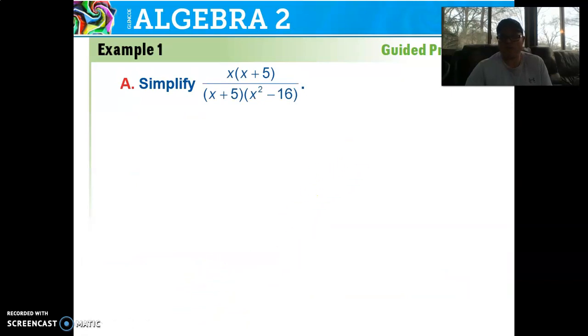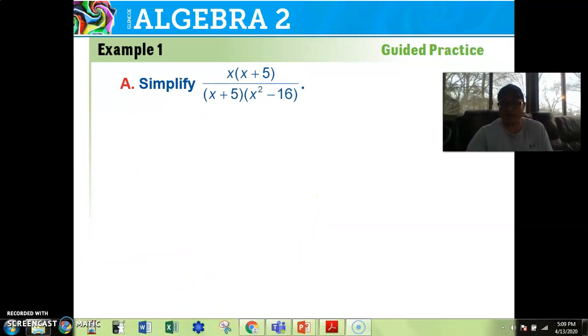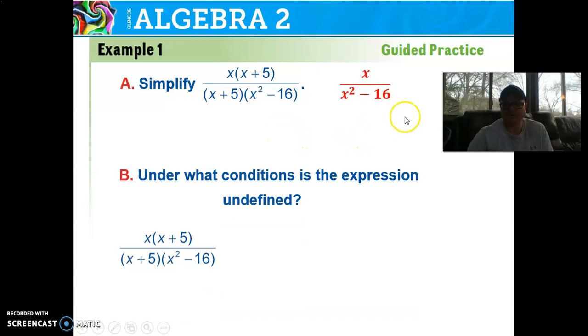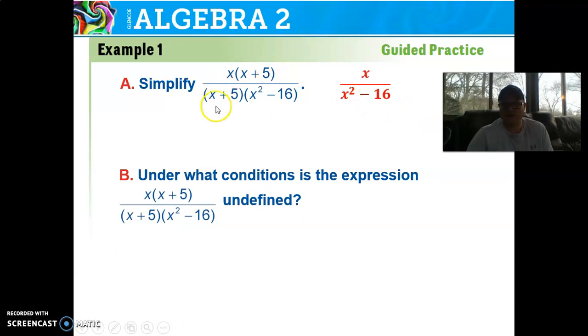These are problems for you to try on your own. So if you need to, pause the video and give this problem a try. Here is the solution. The x plus 5s simplify, cancel if you will, leaving you with x over x squared minus 16. Letter B, give this one a try. Under what conditions is this expression undefined?